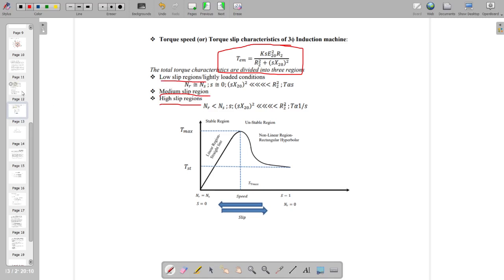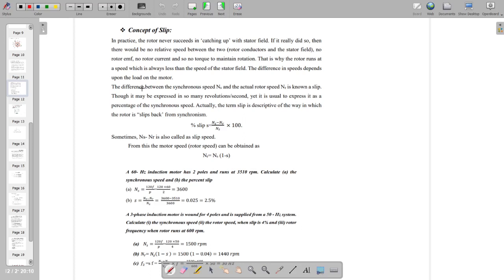Before going into the torque-slip characteristics, we first need to understand the concept of slip. Practically, the rotor never succeeds in catching up with the stator speed. Slip is defined as (Ns minus Nr) upon Ns into 100.